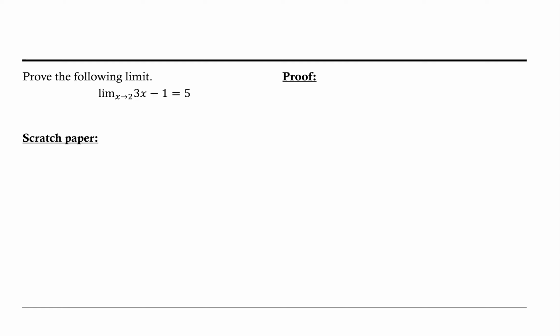In this video, we're going to look at proving the following limit. The limit as x approaches 2 of the quantity 3x minus 1 equals 5.